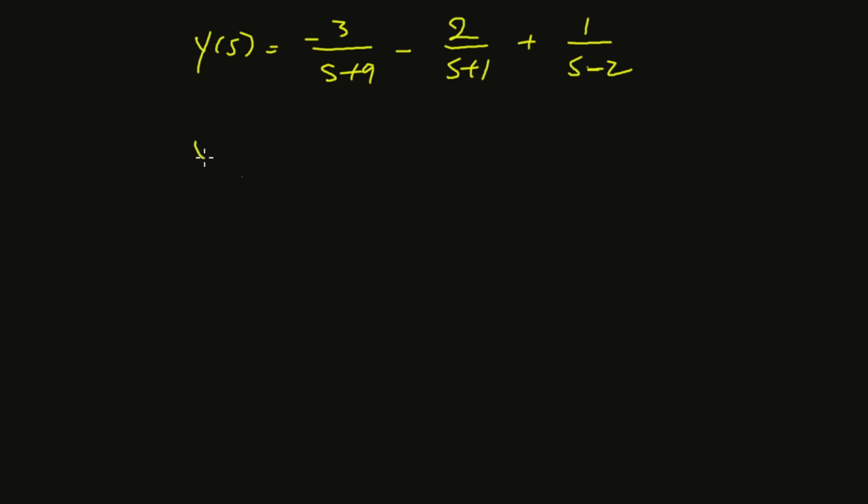We've seen it now a few times, so we know how it works. Negative 3 times the inverse transform of 1 over s plus 9. So that's s plus 9, so that makes it e to the negative 9t there. And this will be negative 1. And this one would be 2.